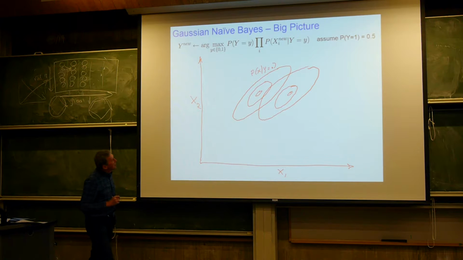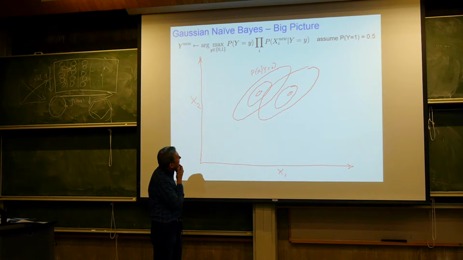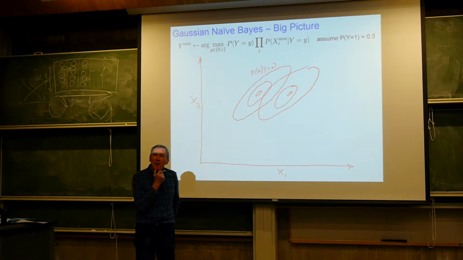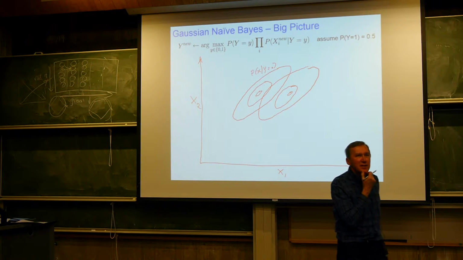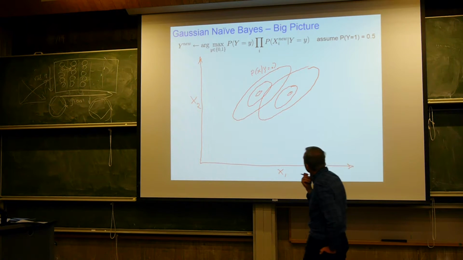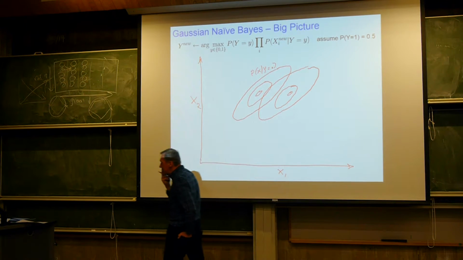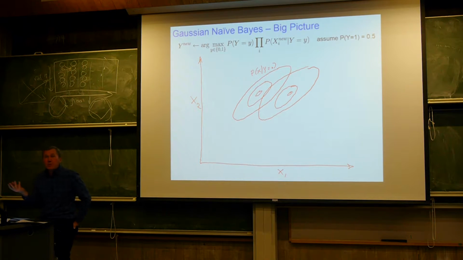Let's think about how Gaussian naive Bayes would do on this and how logistic regression would do on this. Let's do as we did before.